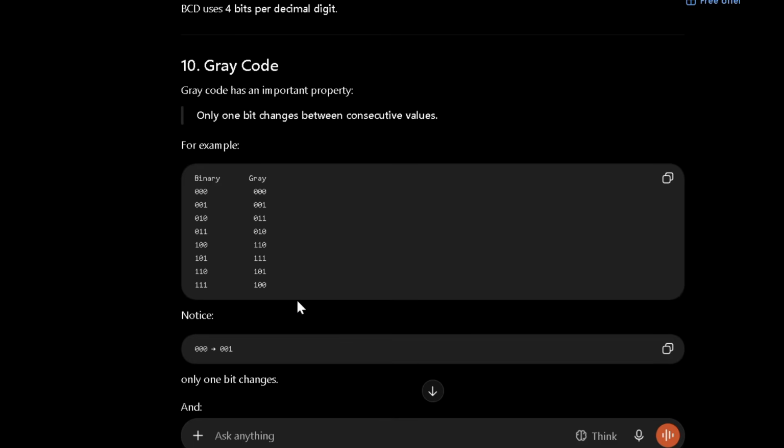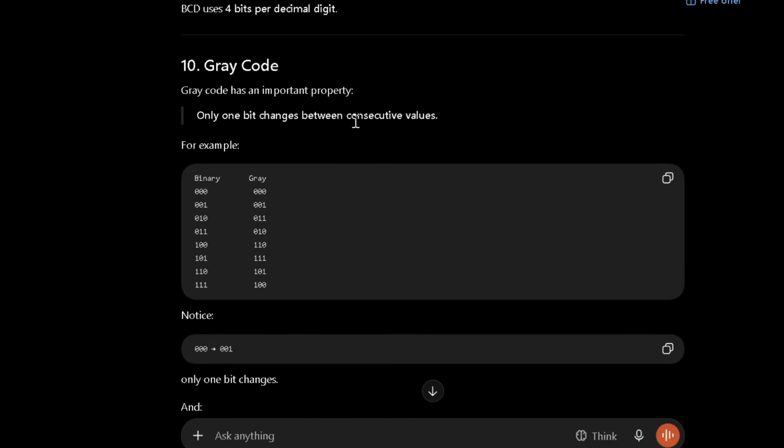For example, this is binary 0, 1, 2, 3, 4, 5, 6, 7. Only one bit changes between consecutive values.